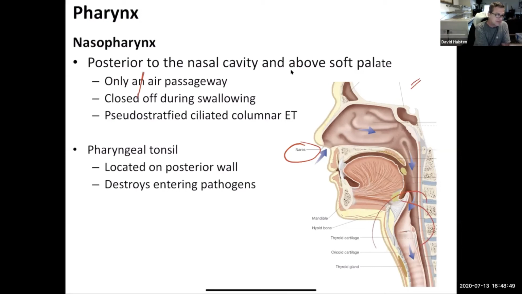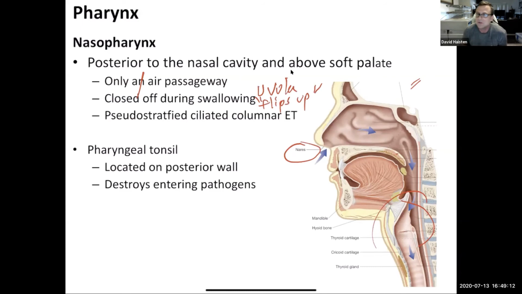Right, so the nasopharynx, behind the nasal cavity, but above your soft palate. Okay, just air passageway. Closes off during swallowing. Uvula flips up. Seals it off.